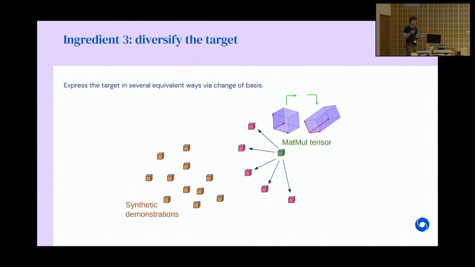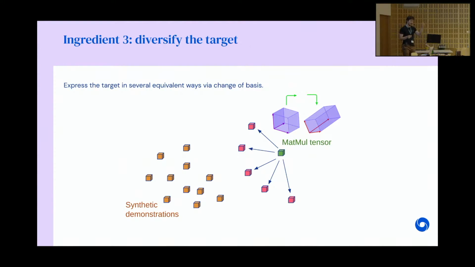So what's nice about mathematical problems is that they often have many symmetries. And you can take your matrix multiplication tensor and generate many other tensors that are equivalent to it by expressing this tensor in a different basis or a different coordinate system. This is the same concept as for matrices.